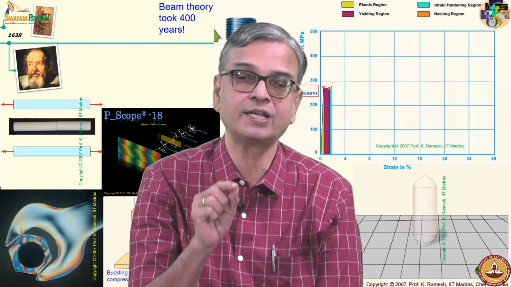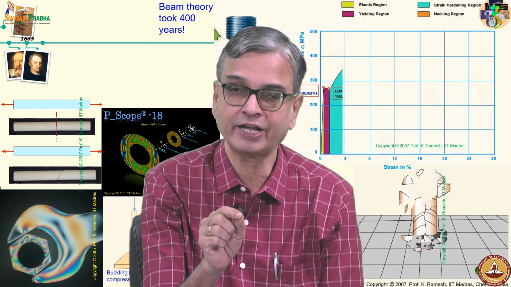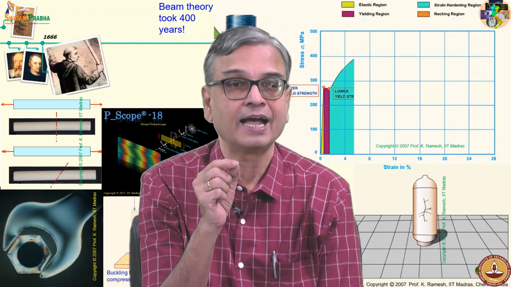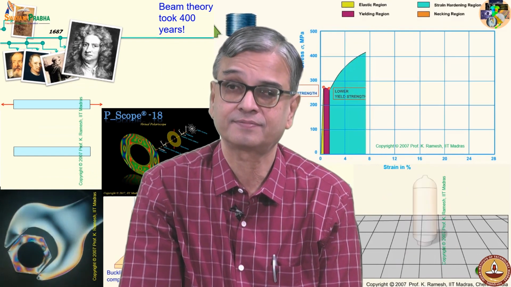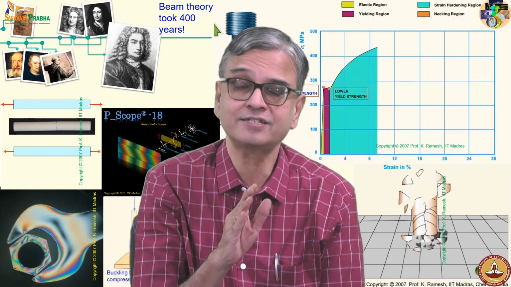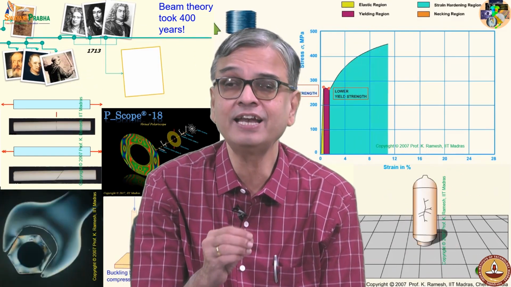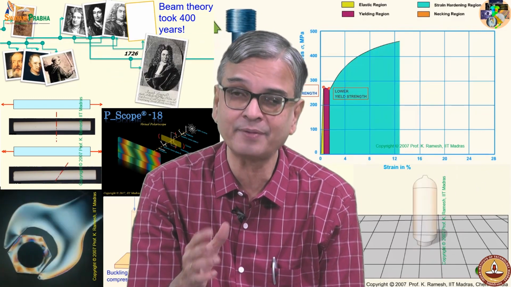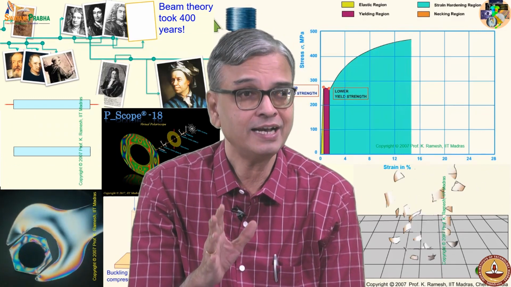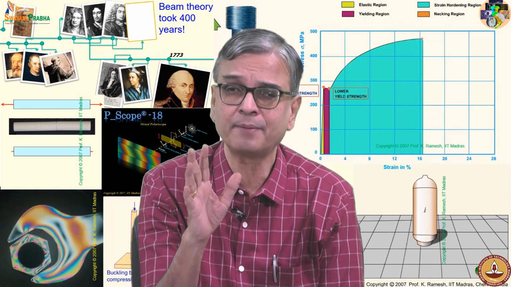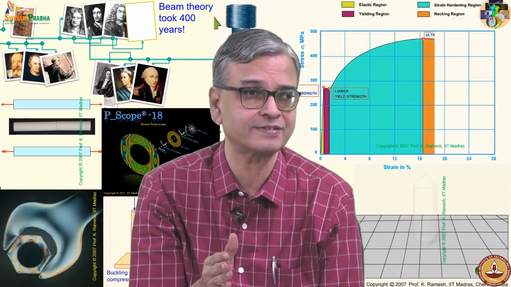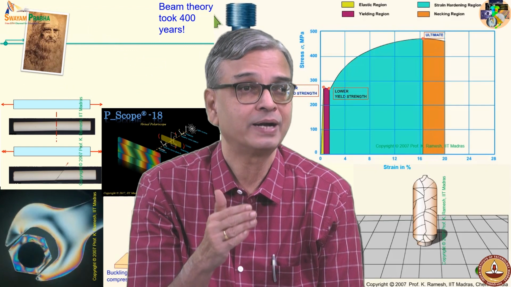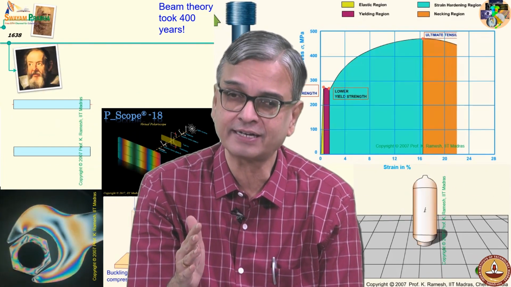So if you know what is the radius of the wire that you are using and the shear modulus. See, we have discussed the tension test and we have done it for the bulk material. Am I right? And we have ignored that a bulk material will have defects. By continuum assumption, we have ignored that.